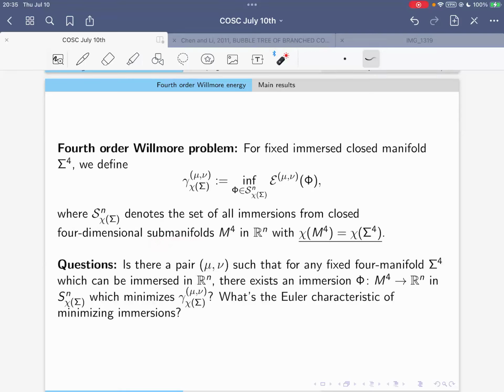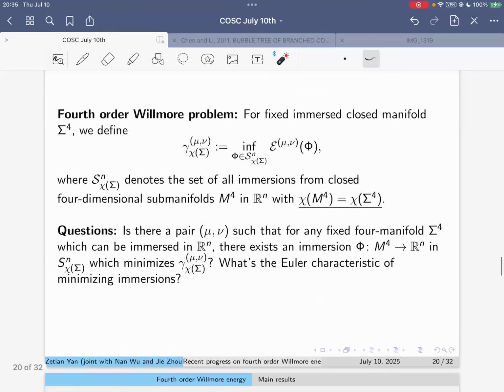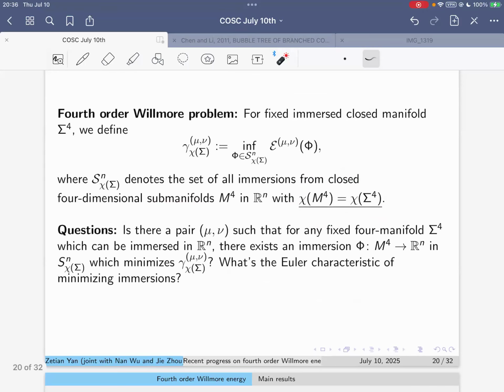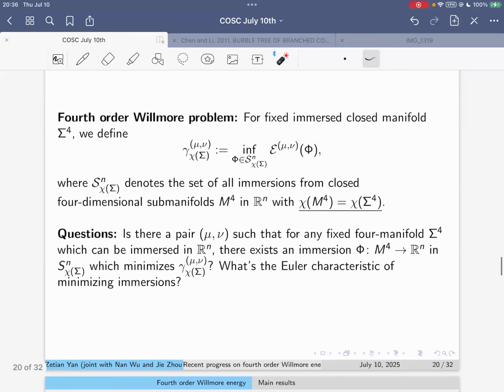Instead, we consider immersions from submanifolds with the same characteristic. And we highly conjecture that in this minimizing process, we can preserve characteristic, but we cannot preserve the topology. And we are working on the existence, but we haven't finished it because it's a little complicated.